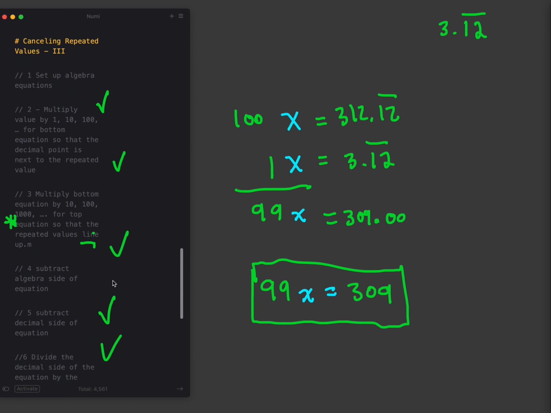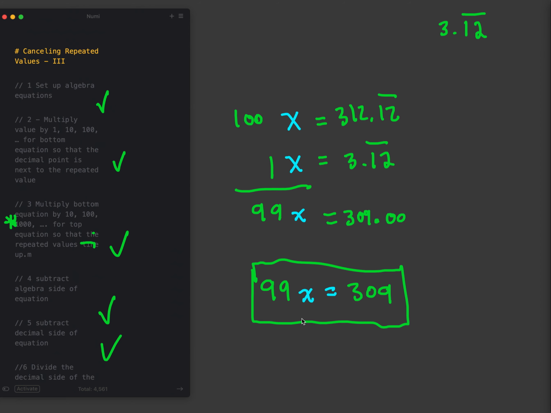I've done these other steps, but the very last step that we haven't done so far is I'm going to take my decimal side, 309, and divide this by my algebra side, which is 99. And so I'm going to say that x equals 309 over 99. And that's going to be my new final answer.